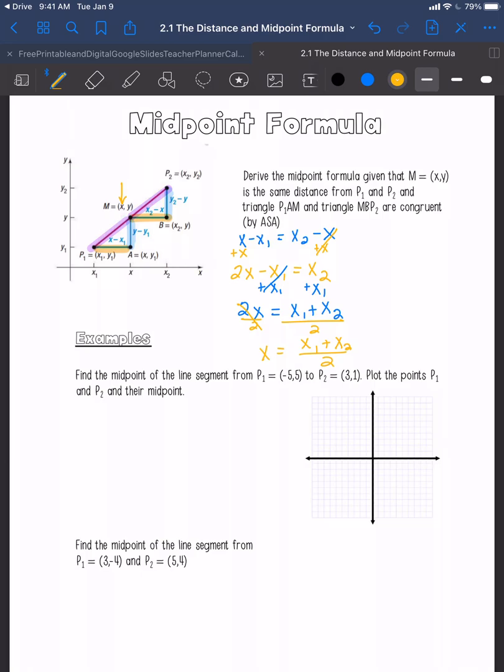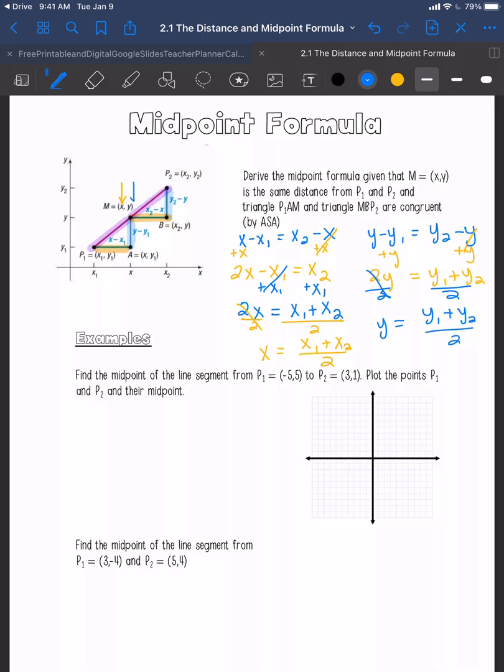So we need to do the same thing for the y-coordinate. So y minus y sub 1 equals y sub 2 minus y. It's the same exact process here, so kind of go fast. We got 2y equals, I'm going to go ahead and move the y sub 1 over, divide by 2. So y equals y sub 1 plus y sub 2 divided by 2.